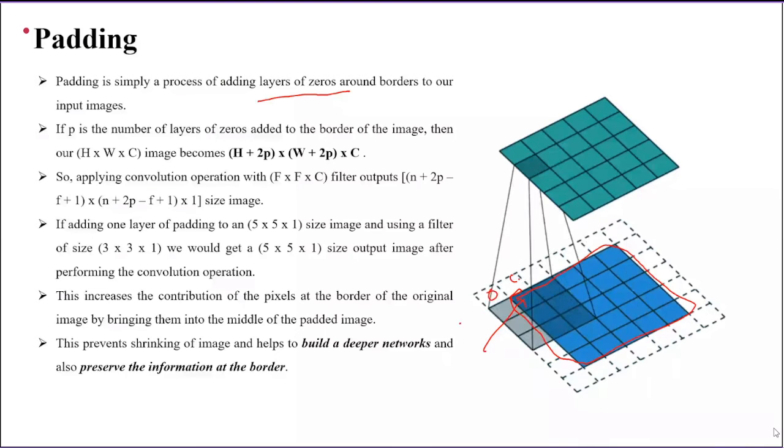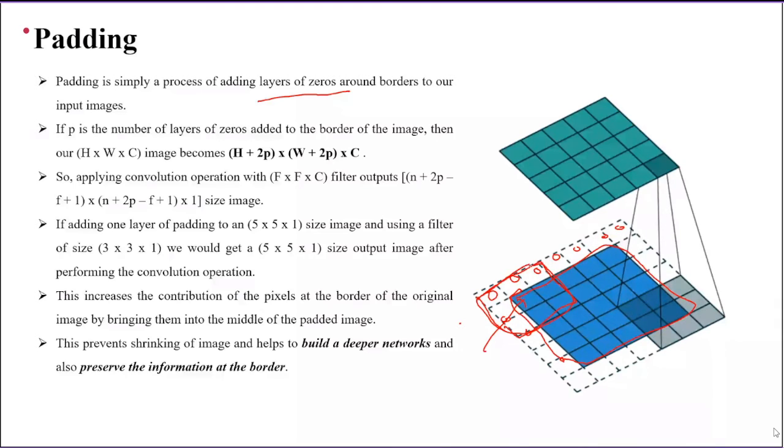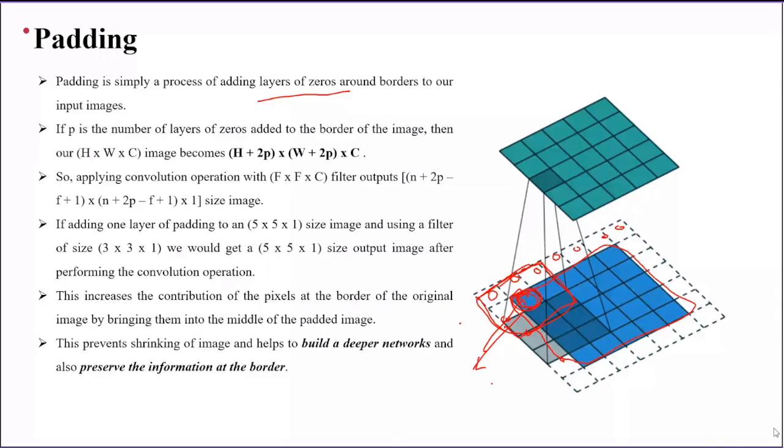Now, when we are doing the convolution operation, we will take this patch. Now this particular pixel in the original image will participate more times in the convolution operation.